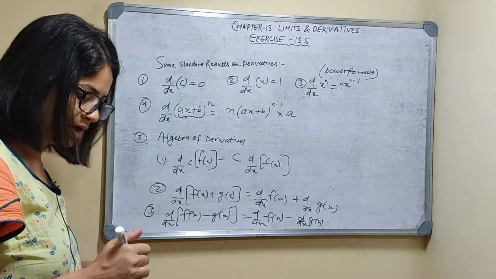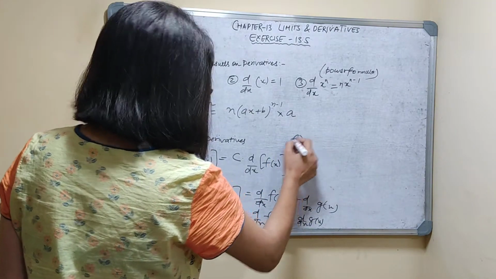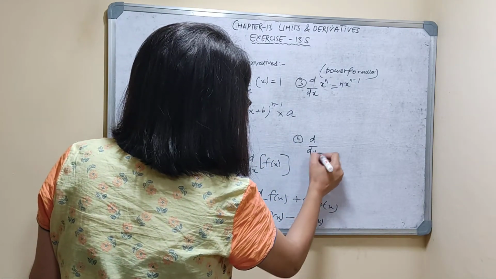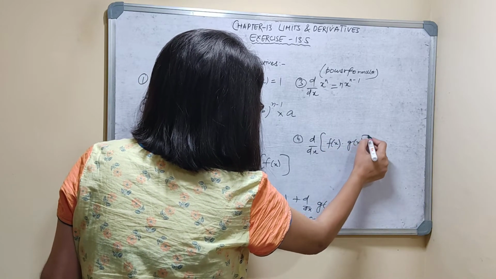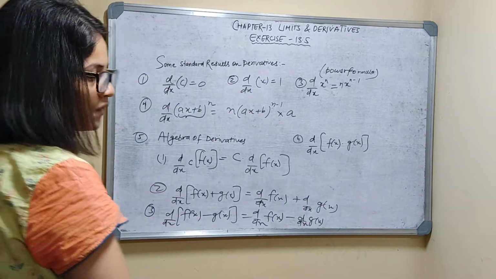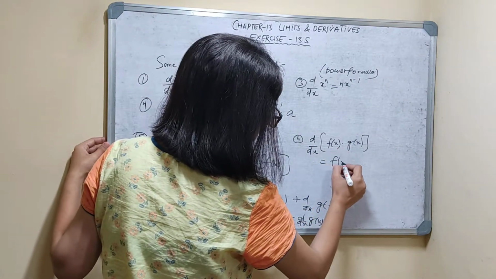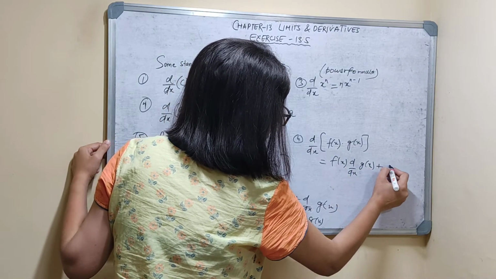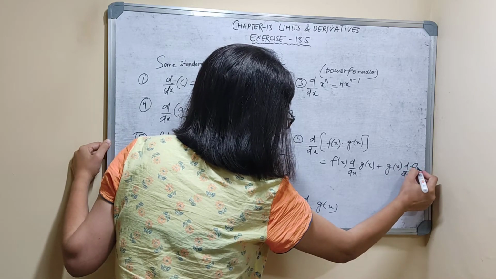That's clear? Now the fourth point, algebra of derivatives only I am writing here. It is d by dx of function of x into g of x. So what will you write? First you will write f(x) into d by dx of g(x), plus g(x) into d by dx of f(x).